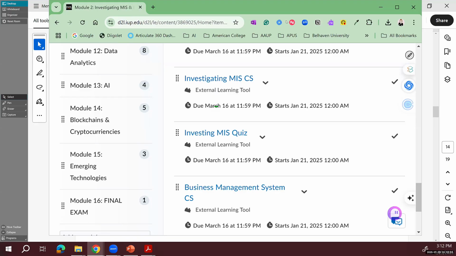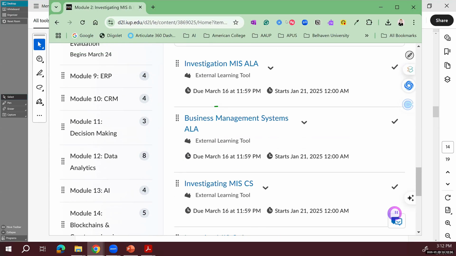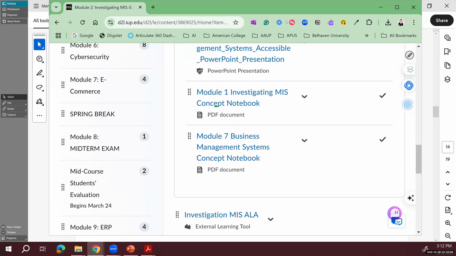And now you should open up the other concept notebook here for module 7, because that is management systems. You should open that so you can start taking your notes from that one. I'll give you a second to do that so I can do it too, so I can guide you through there. So let's see. This guy should be about 26 pages.